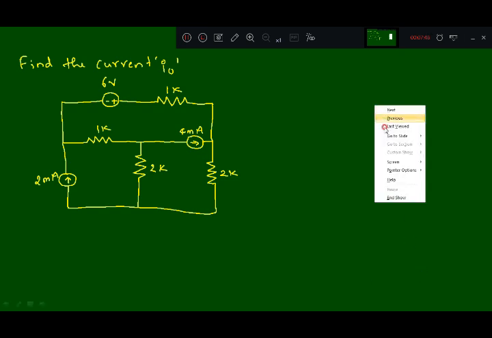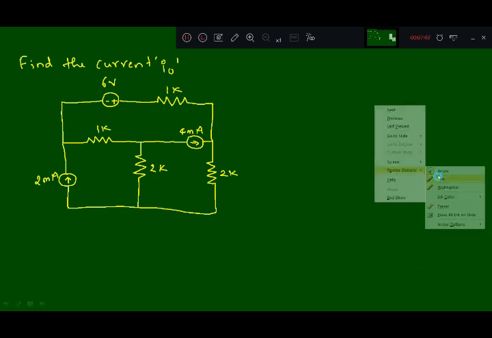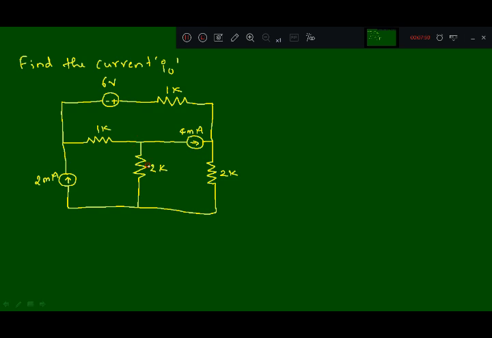The current I0 in the circuit is defined here. Here it is I0. First we will assume our loop currents. Here it is x, here it is y, here it is z.